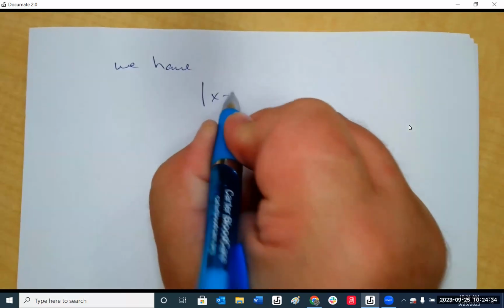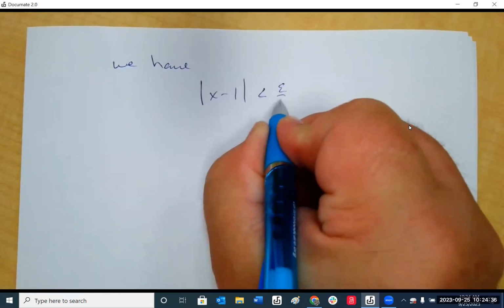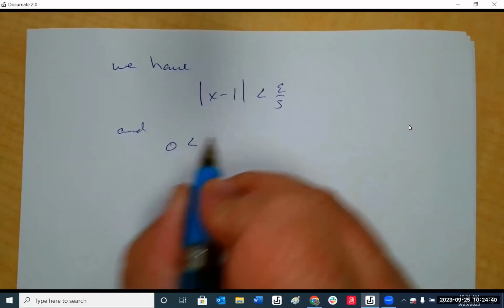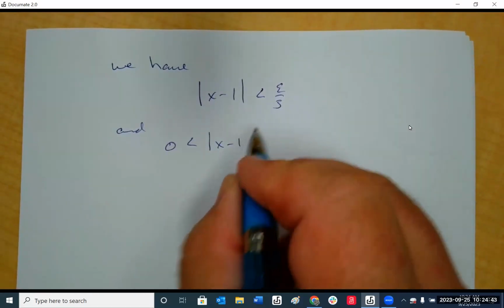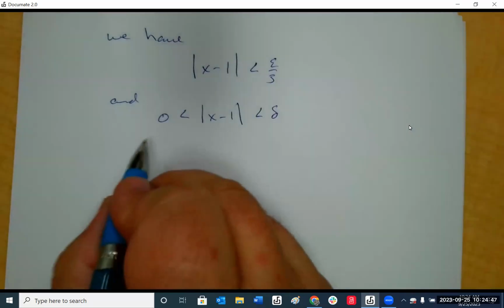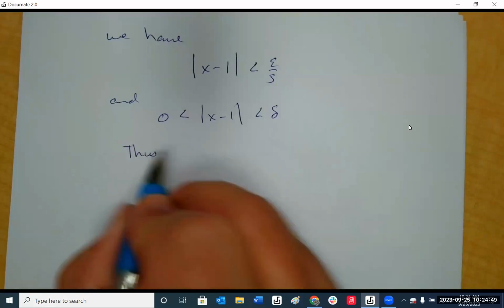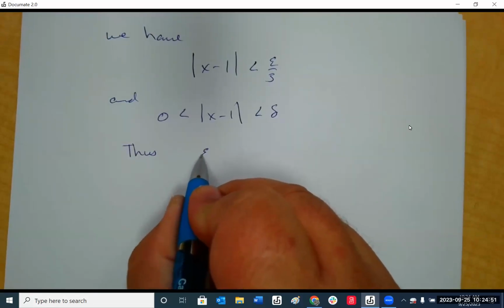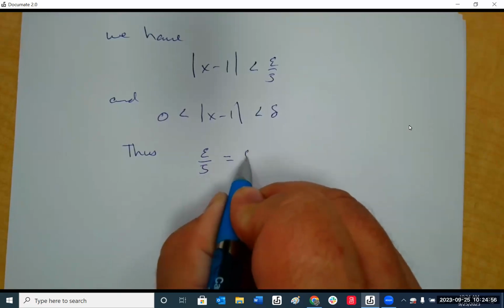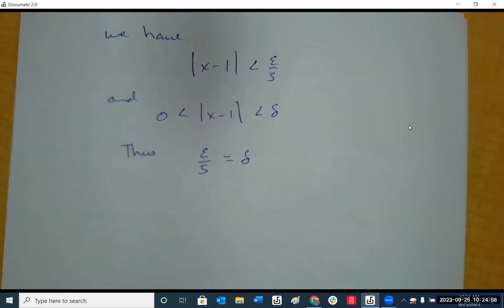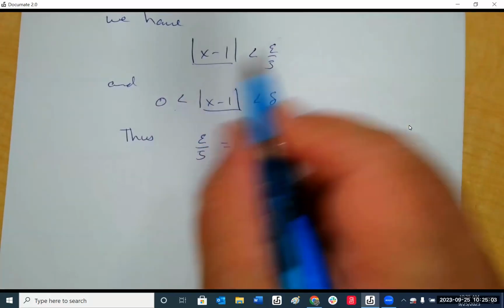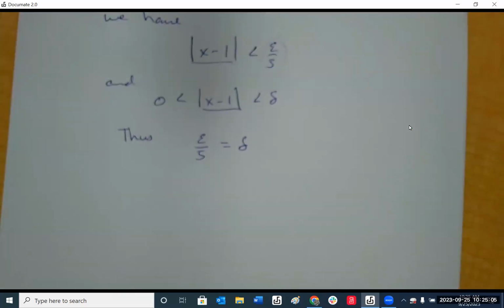We have x minus 1 is less than epsilon over 5, and we also have this: epsilon over 5 is equal to our delta. Because these are equal, delta has to be greater than 0. So we're saying that that has to be true.